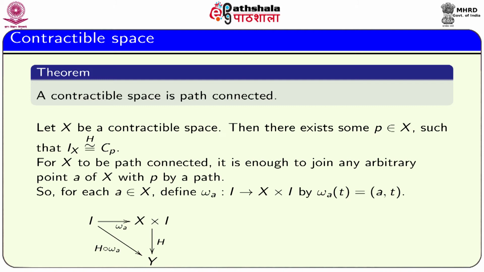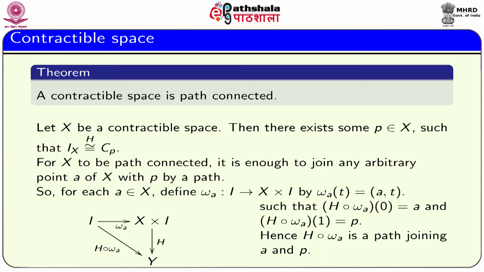Therefore, H composed W_A is a continuous function from I to X. So, we have a path H composed W_A in X such that H composed W_A evaluated at the point 0 is A and H composed W_A evaluated at the point 1 is P. So, H composed W_A gives us a path joining the points A and P.